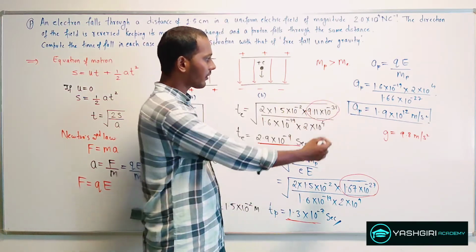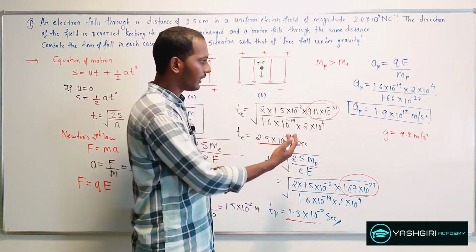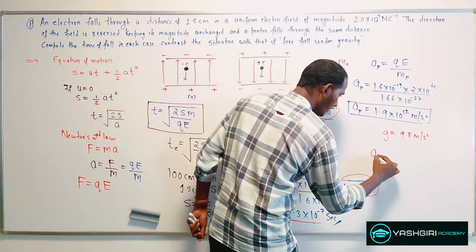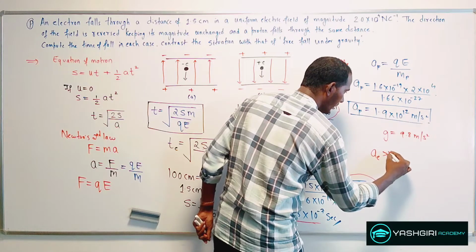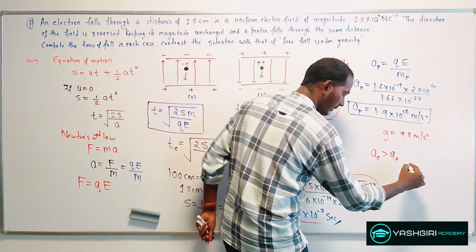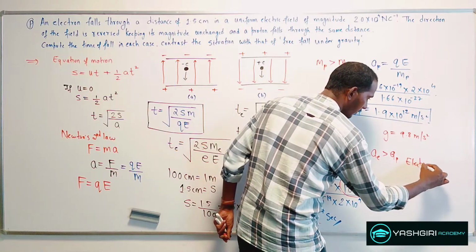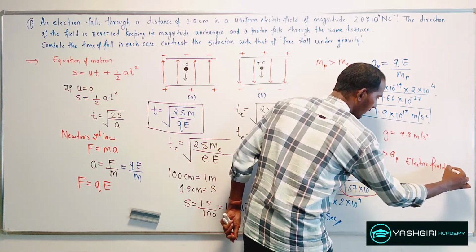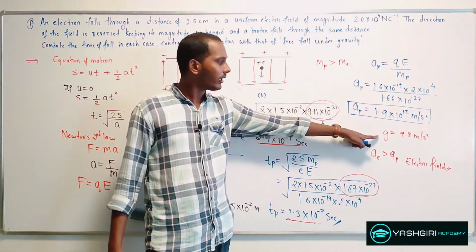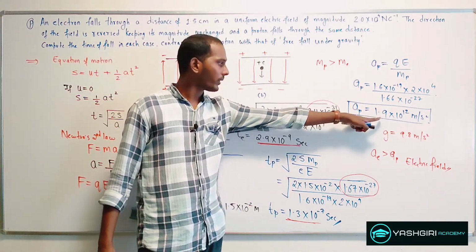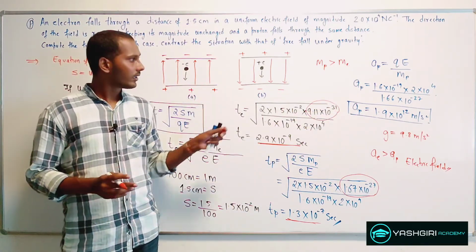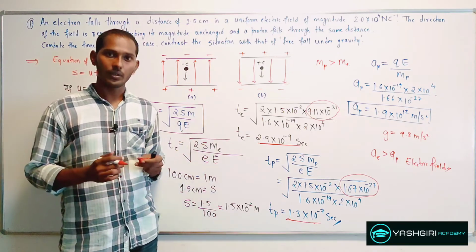So the acceleration of an electron will be greater than the acceleration of a proton when placing the charges in the electric field. Compared with the acceleration due to gravity, these values are very high, so we can ignore the force of gravity in both cases. So that's the answer for your question.